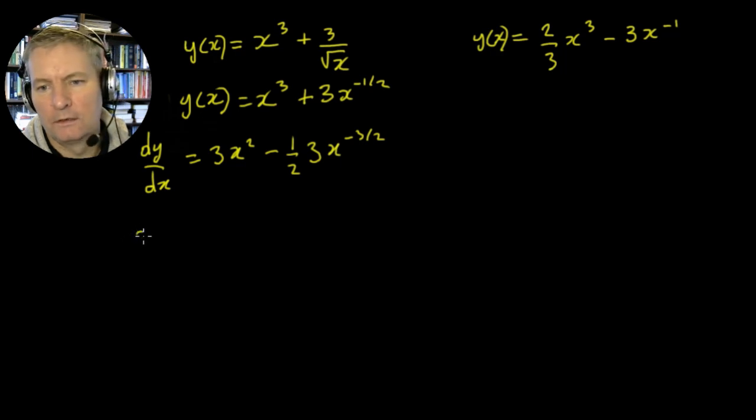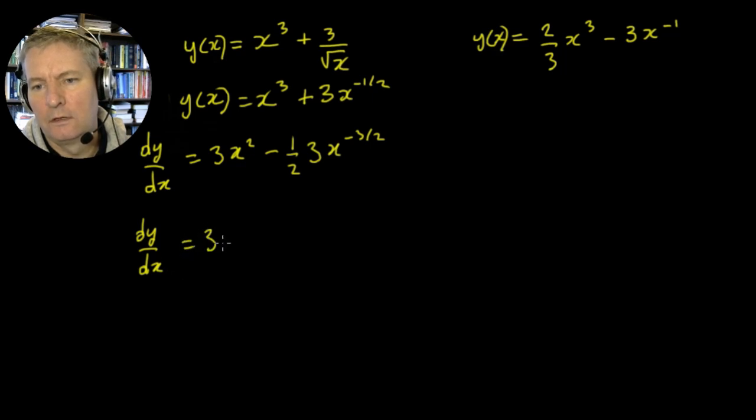So dy by dx is equal to 3x squared minus 3 upon 2, and that's x to the minus 3 upon 2.